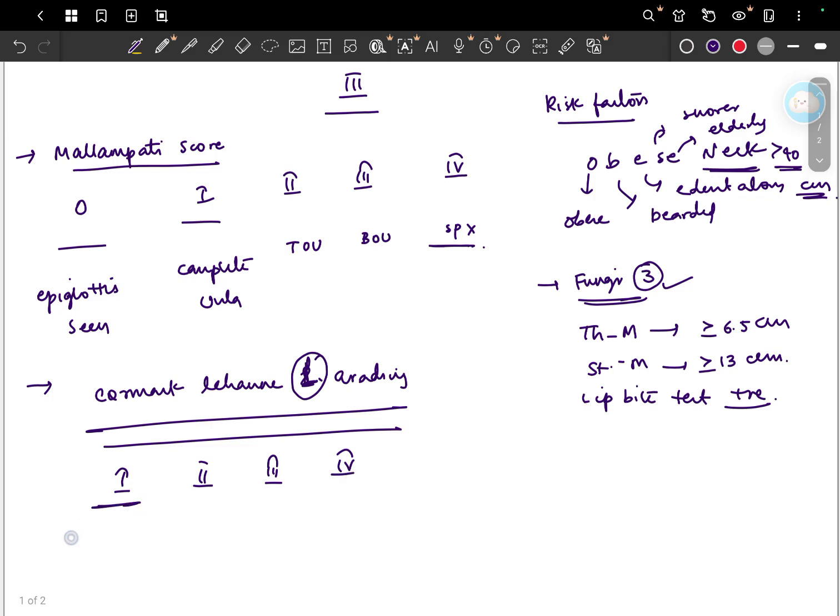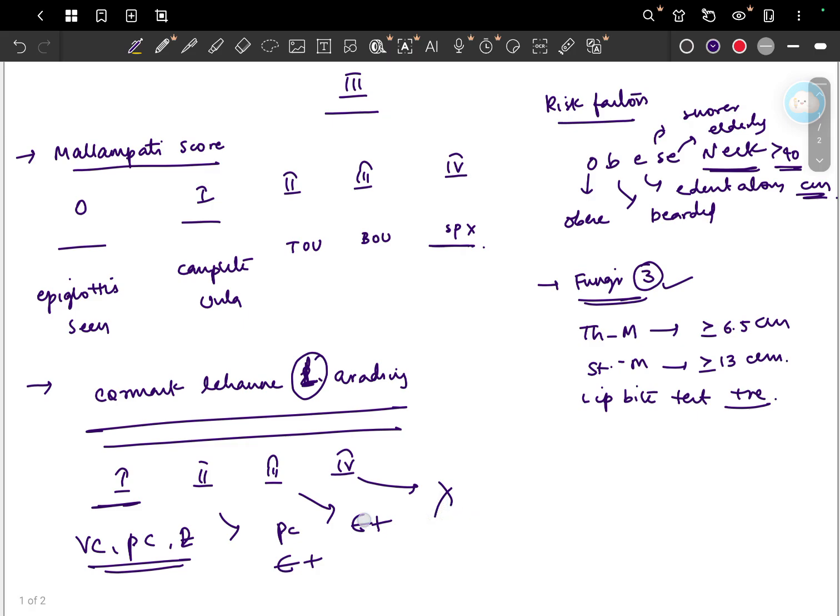In the first one we can see vocal cords, posterior commissure and epiglottis. In the second one we can only see posterior commissure and epiglottis. In the third one only epiglottis, and in the fourth one we can't see anything.